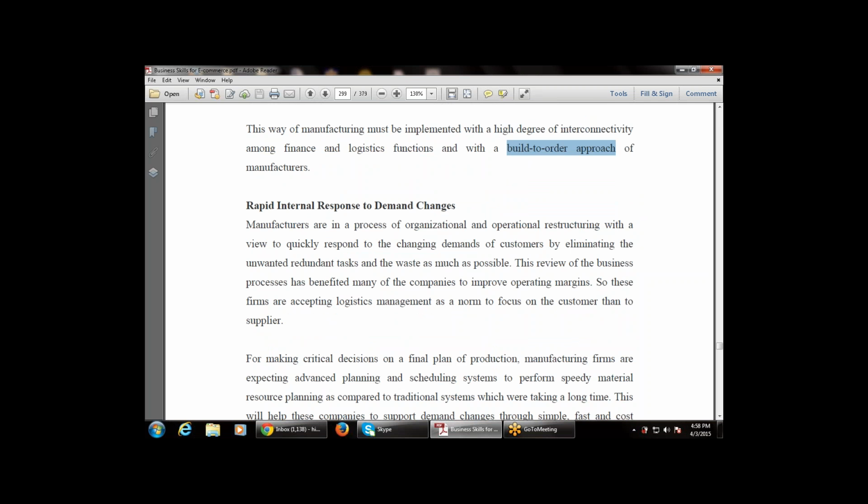Now next is rapid internal response to demand changes. That is, how to give a rapid internal response to the demand changes. This topic simply says the manufacturers are in a process of organizational and operational restructuring with a view to quickly respond to the changing demands of customers by eliminating unwanted redundant tasks.